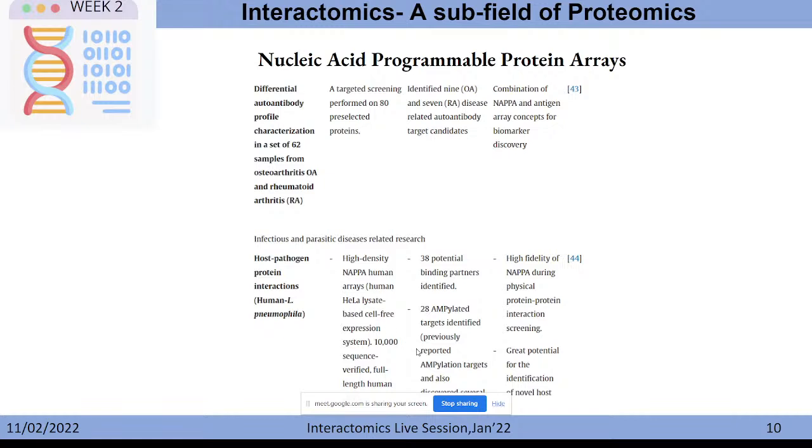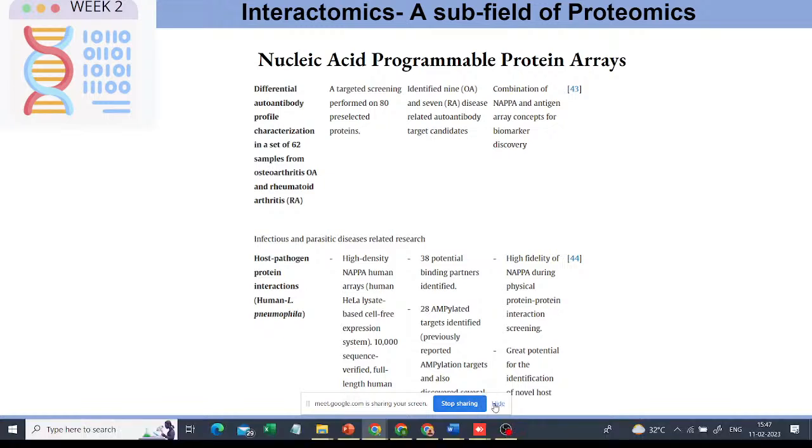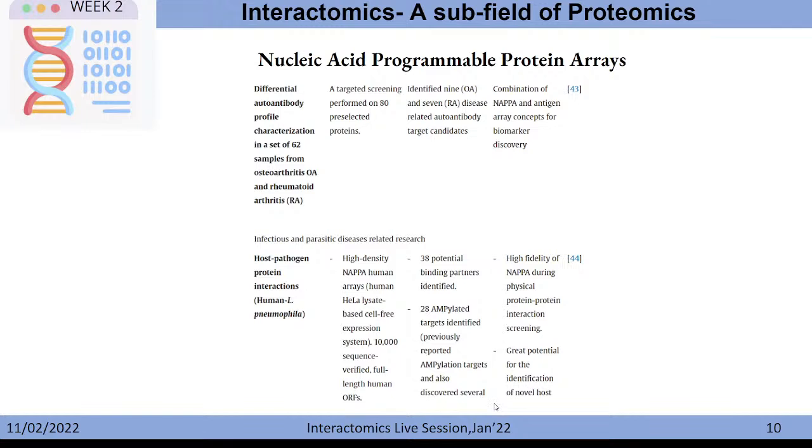Then it reads the sequences and you get the different proteins, and then you get physical protein interaction screening and identification of novel host proteins or host ligands targeted by that particular set of proteins. So it is quite beneficial for infectious and parasitic disease research as well as early detection using the immune profiling system.